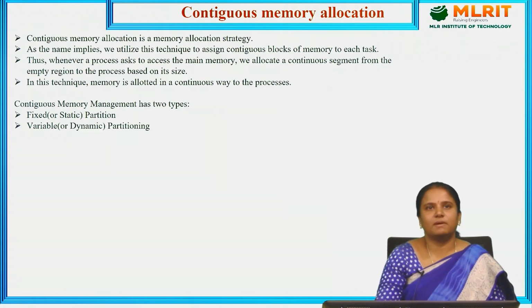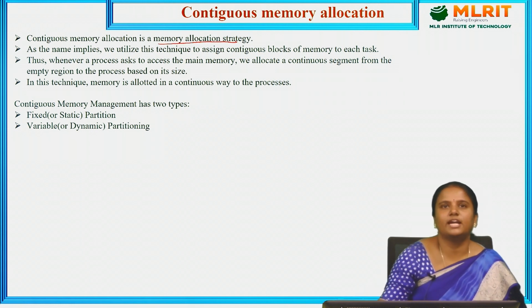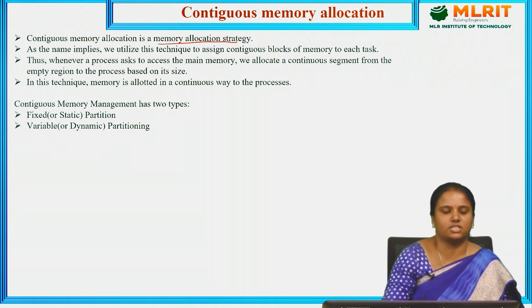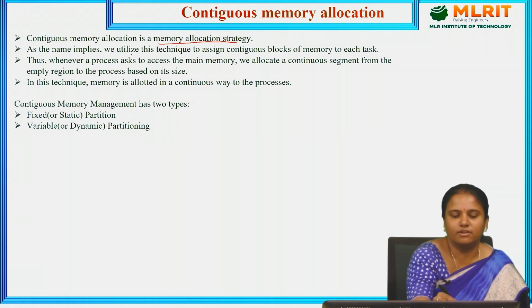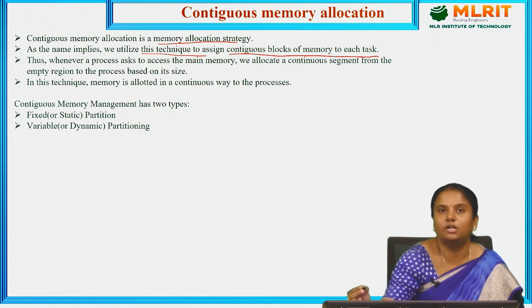Contiguous memory allocation is a memory allocation strategy. As the name implies, we utilize this technique to assign contiguous blocks of memory to each task.